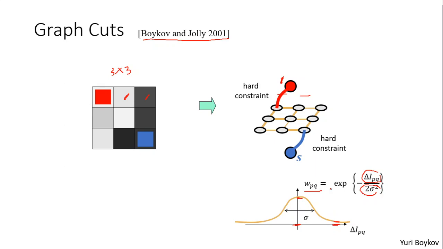These two edges, shown in thick red and thick blue, cannot be cut. That means this pixel will belong to the T segment, and this pixel will belong to the S segment. So you are finding a cut through this.